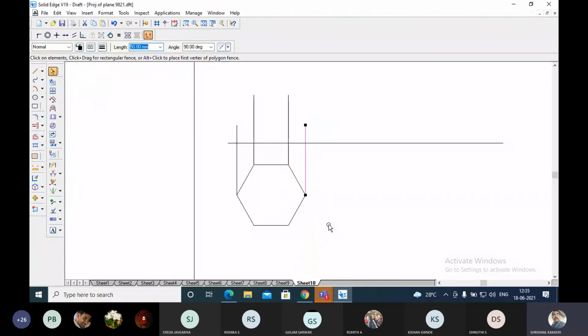The figure will look odd, so this portion I am going to delete and construct another line here also. Now you can show it in the beginning only if you want. This should be a visible line. It is a visible line.